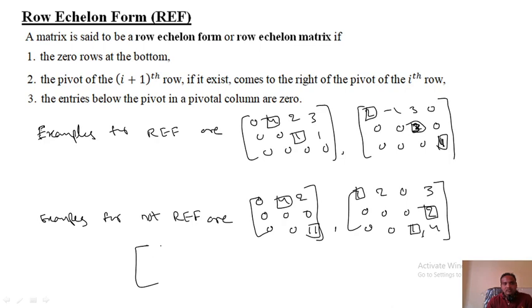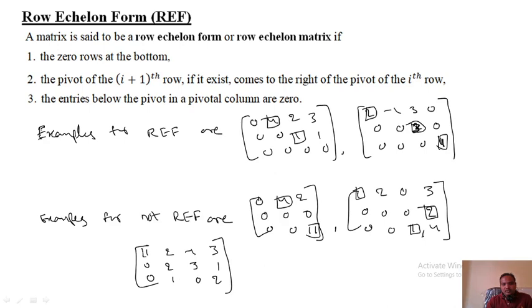You can give another example. Suppose you write 1, 2, minus 1, 3, 0, 2, 3, 1, 0, 1, 0, 2.